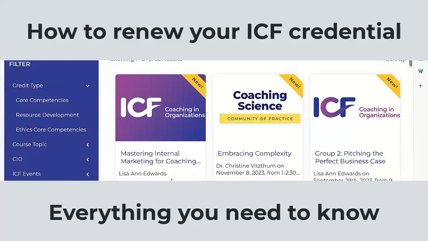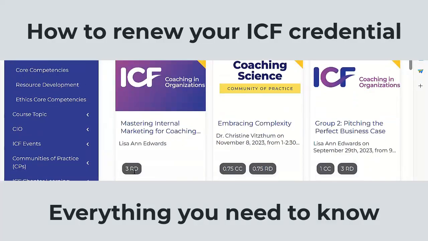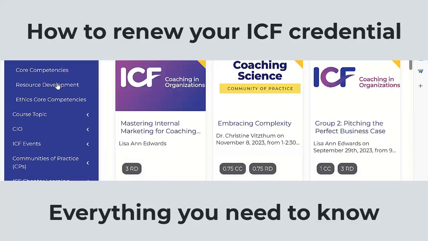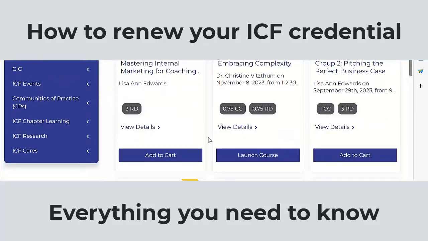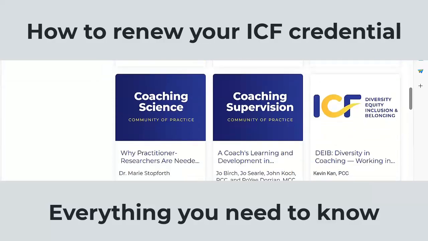Core competencies here, mastering internal marketing for coaching, 3 in resource development. Why? I said I want core competencies. Show me the core competencies. It's also core competencies, if I see, but it's resource development. Oh well. Sometimes it's not working, but anyway, here you can always see how many core competencies you will get.